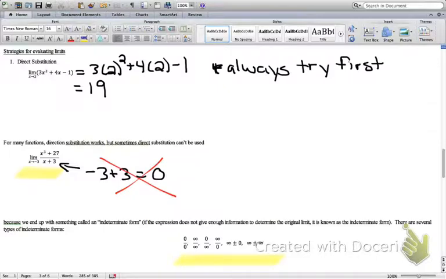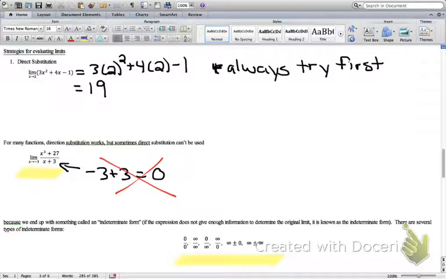These are all our different types of indeterminate forms. So when we have 0 divided by 0, infinity divided by infinity, 0 divided by infinity, infinity divided by 0, 0 plus or minus 0, infinity plus or minus 0, and infinity plus or minus infinity, these are all different types of indeterminate forms.